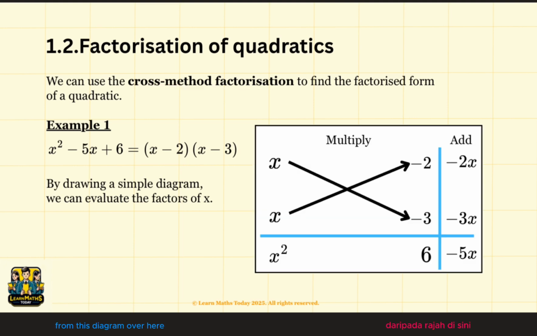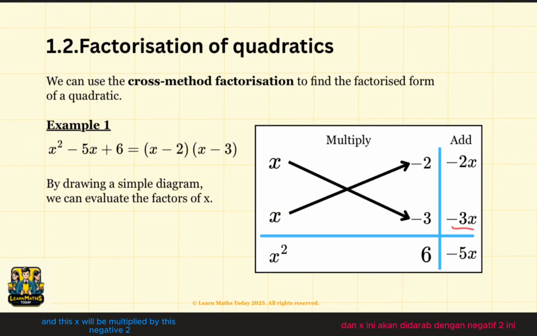From this diagram over here, it shows you how to find the factors of x using this cross method multiplication. So following the arrows, you can see that this x will be multiplied by this -3 to give you -3x over here.